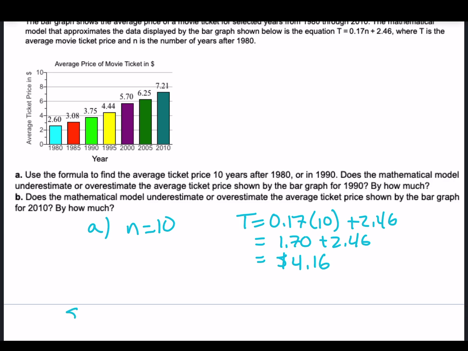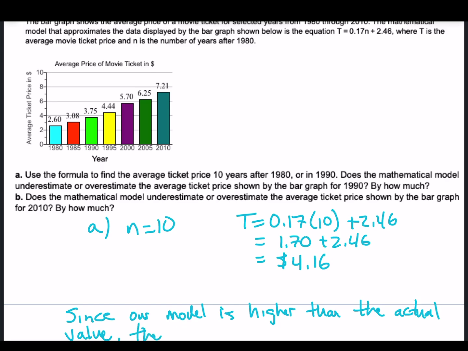So since our model is higher than the actual amount, our model overestimates the average ticket price.